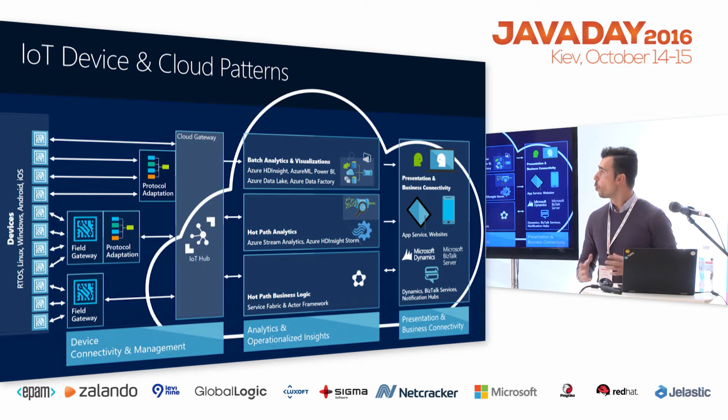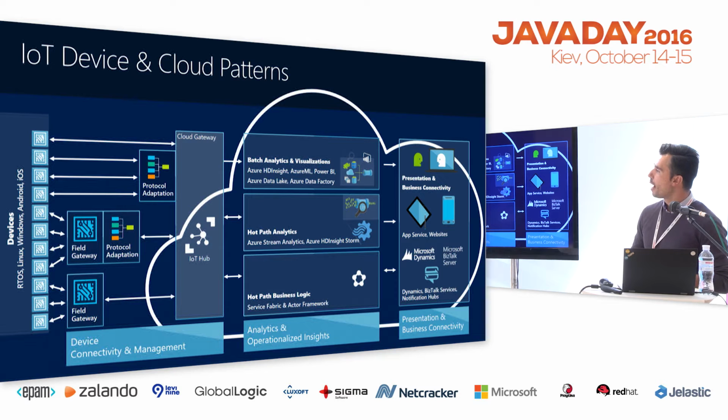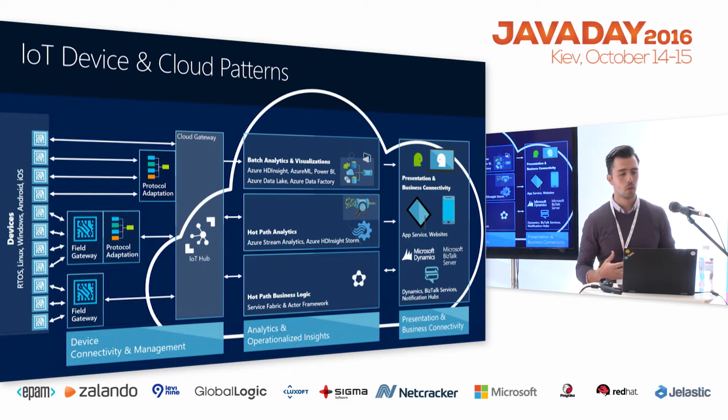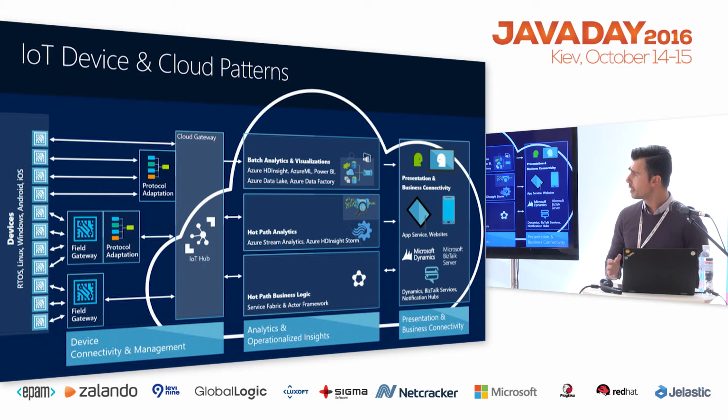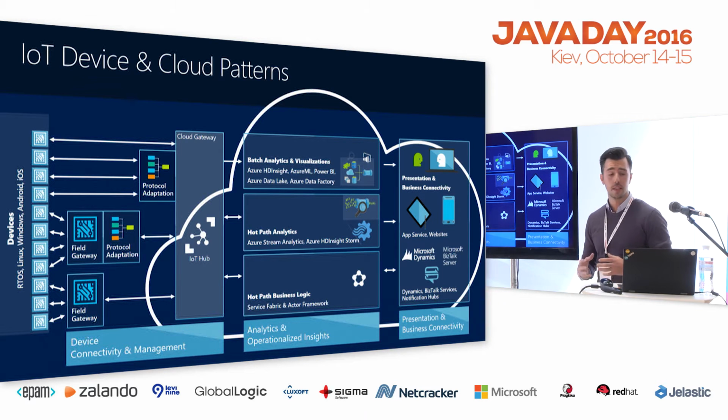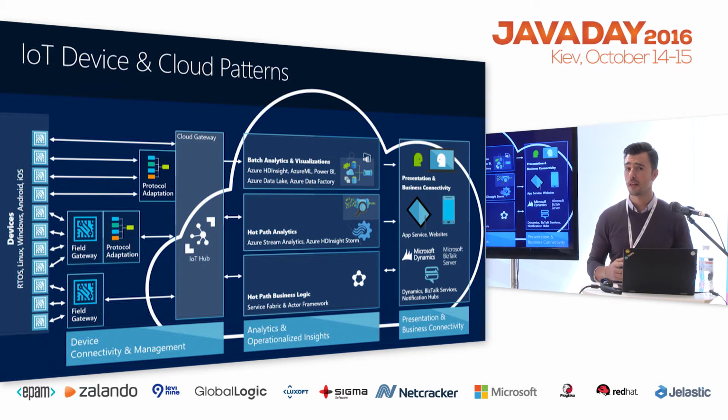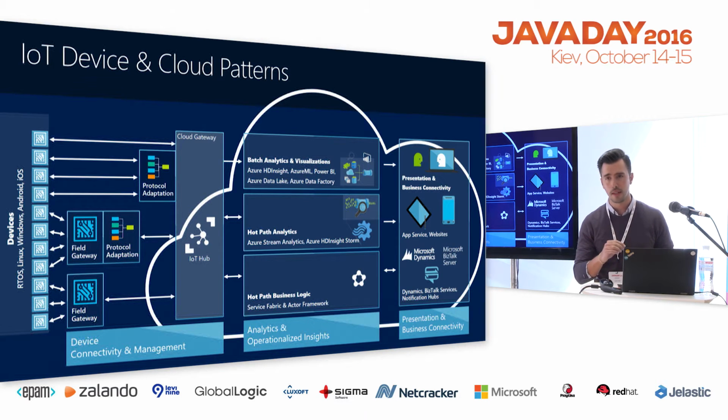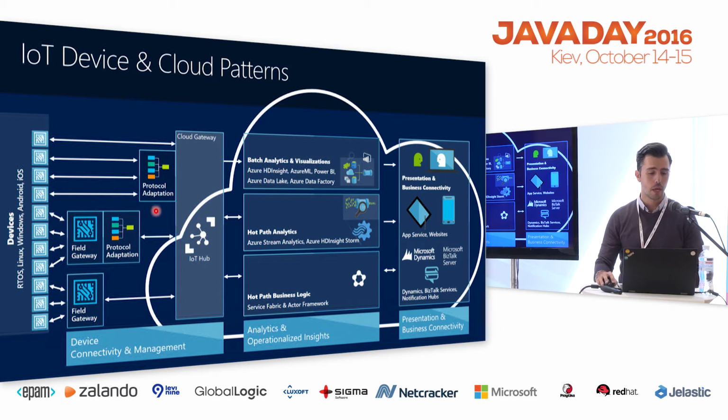So let's take a quick look at how we connect and what the IoT architecture for connecting devices to the cloud is. Generally, it's really rarely straightforward. You have devices that are not IP enabled, so you can't really directly connect them to the cloud. For this, you will need something that's called either a field gateway or a protocol gateway.